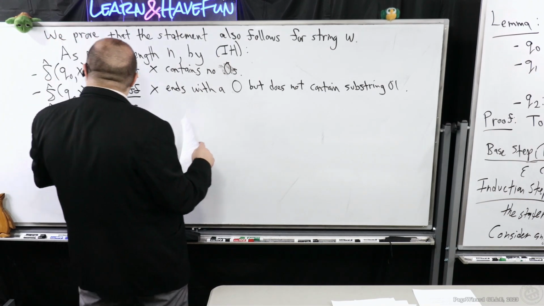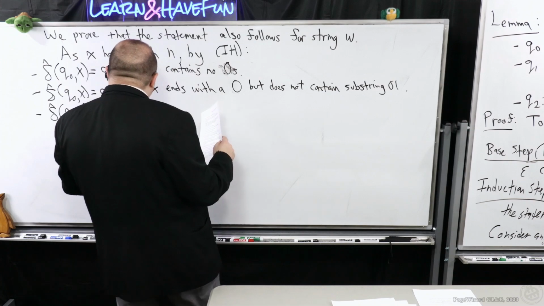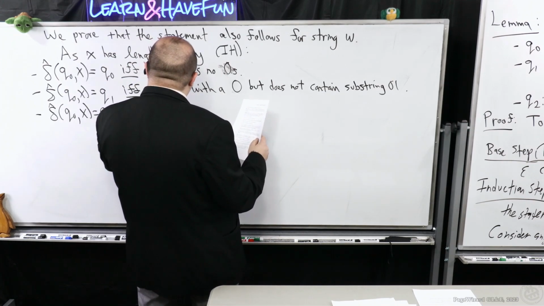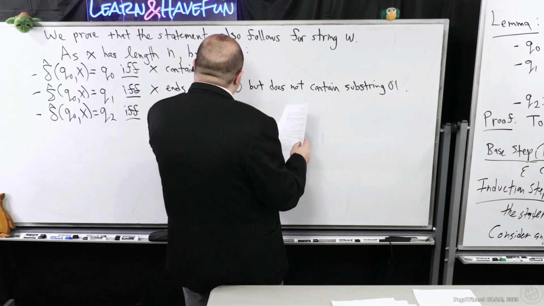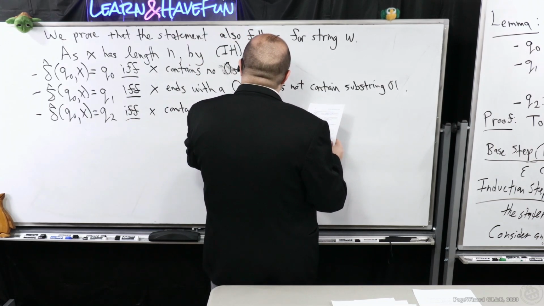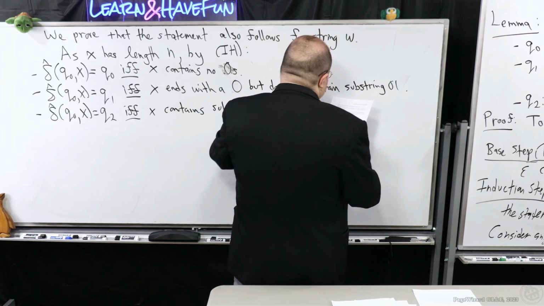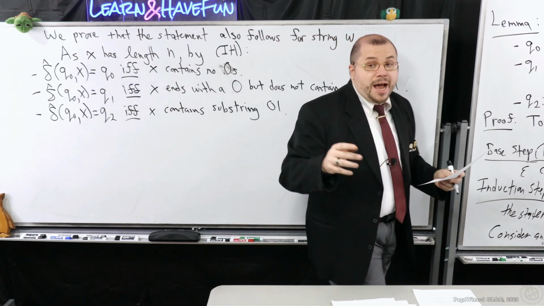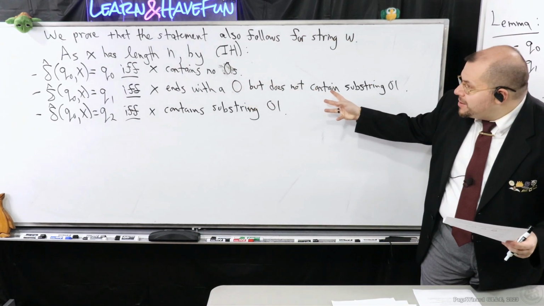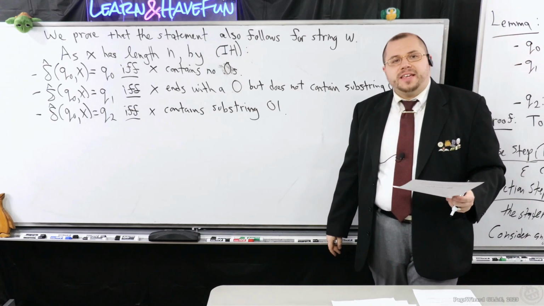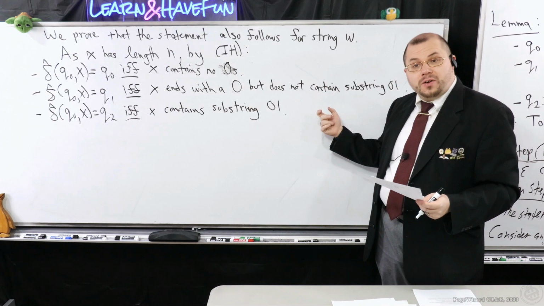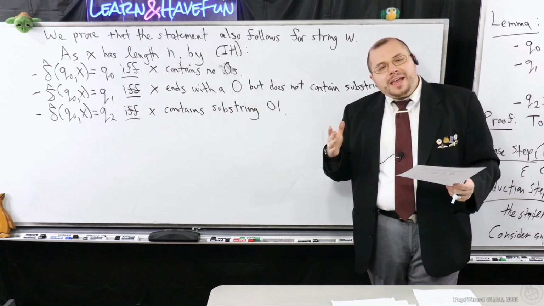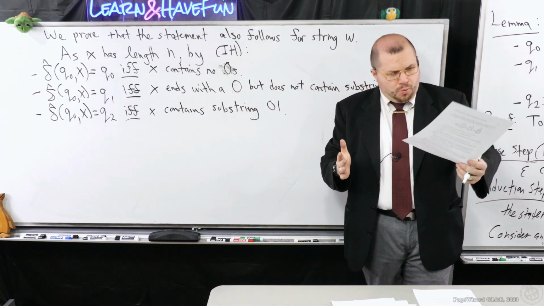So delta hat q0 x is equal to q2 if and only if x contains substring 0 1. Now, we have 3 possible states. Each one, we know exactly what x is going to have involving it. And a could be either 0 or 1.